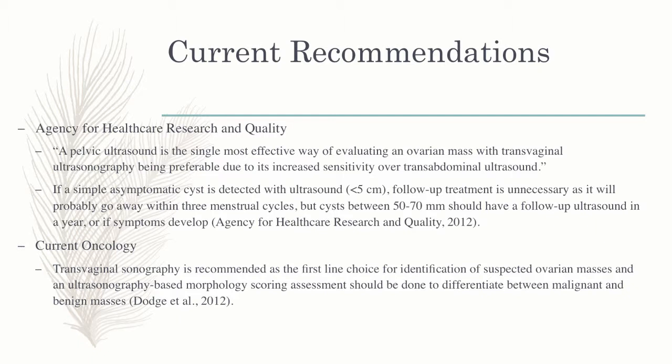They go on, if a simple asymptomatic cyst is detected with ultrasound, so we're talking less than 5 centimeters, follow-up treatment really isn't necessary as it will probably go away within 3 menstrual cycles, but cysts over 5 centimeters should have a follow-up ultrasound in a year, or if symptoms develop. Current oncology says transvaginal sonography is recommended as the first-line choice for identification of suspected ovarian masses, and an ultrasonography-based morphology scoring assessment should be done to differentiate between malignant and benign masses.